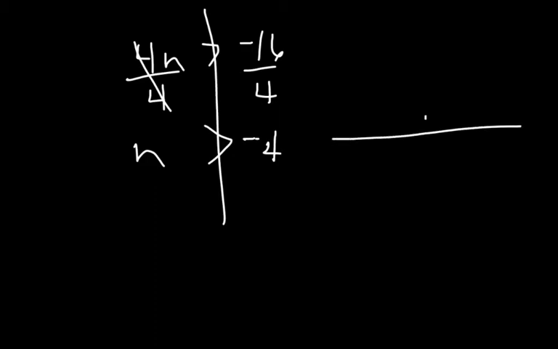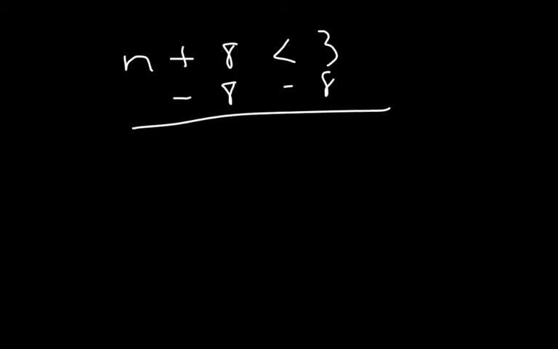So we can put the negative 4 and the 0, but we have to show that the values that make this true are all greater than negative 4. We don't want to include negative 4, so we draw a circle around that and we go this direction. And we put the ray symbol in here so we know anything greater than negative 4. Just another example of that kind of problem.